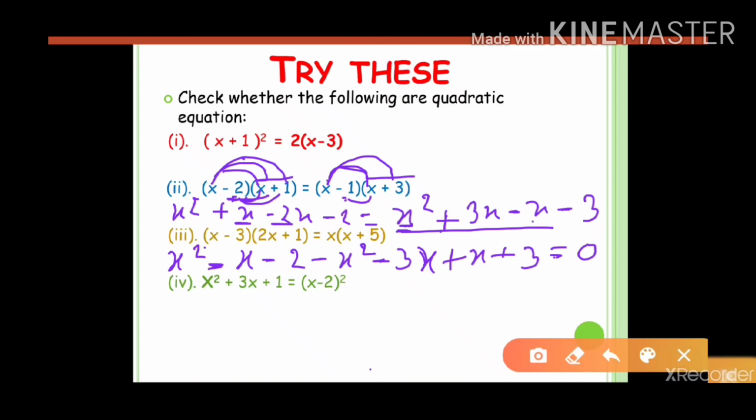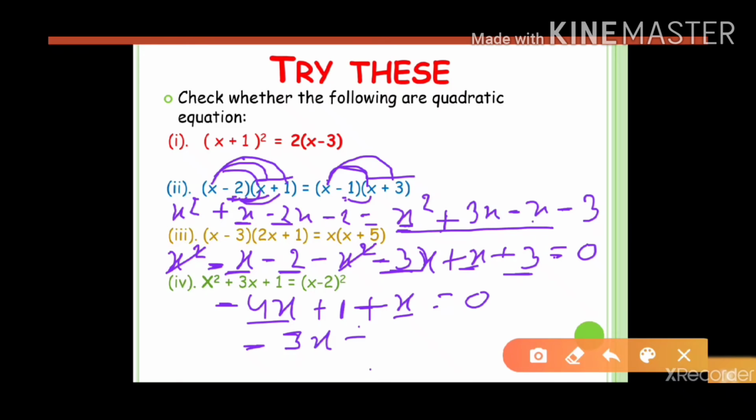Now plus x squared and minus x squared is cancelled. Minus x and minus 3x, it becomes minus 4x, minus 2 and plus 3, it becomes plus 1 and plus x, equal to 0. Minus 4x plus x, it becomes minus 3x plus 1, equal to 0.